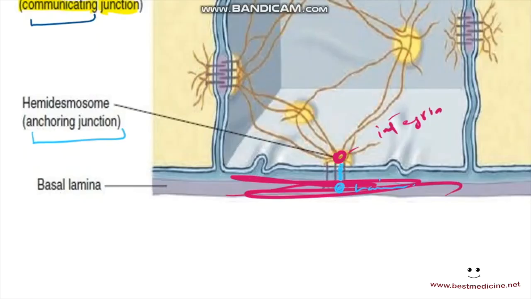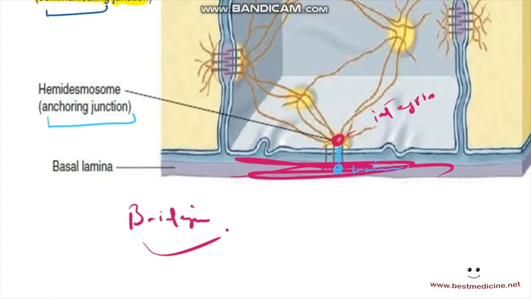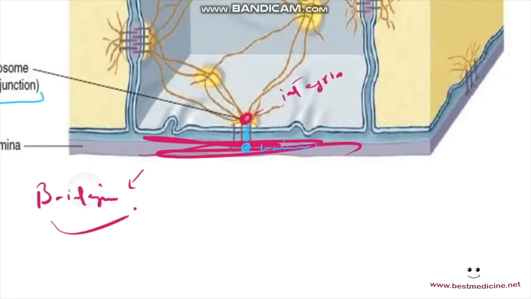Now, a clinical correlate to this would be the beta integrin. Beta integrin is obviously an integrin molecule present inside hemidesmosomes in the skin. And what happens is that there's a recessive mutation of beta integrins, which results in this pathology or skin blistering disorder called epidermolysis bullosa.